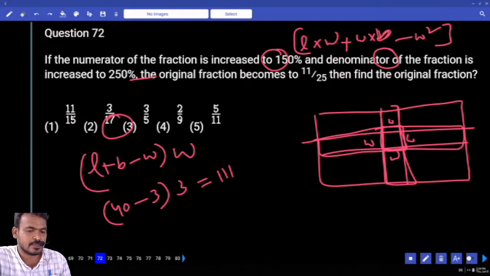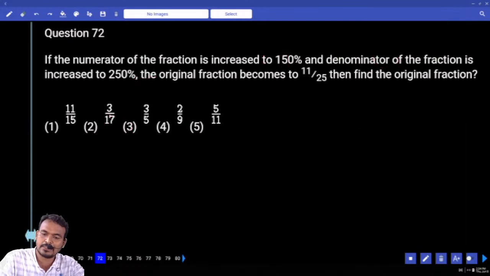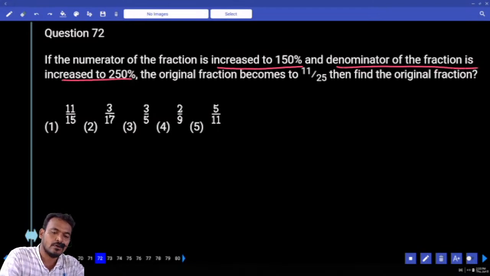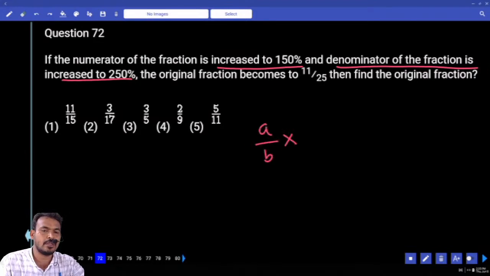Next question number 72. If the numerator of a fraction is increased to 150% and the denominator of the fraction is increased to 250%, increased to or increased by? Increased to. Original fraction we consider a by b. Numerator is increased to 150% means numerator will be 150%, denominator increased to 250%.